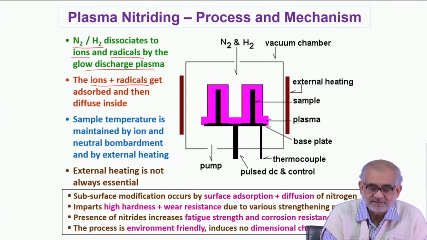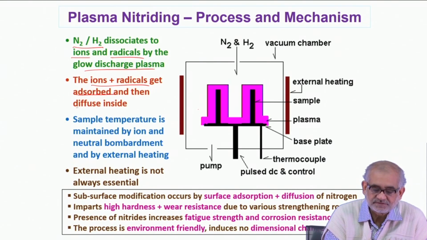The ions and radicals come onto the surface and get absorbed. Once they get absorbed, this thin surface layer will now allow diffusion of the species.